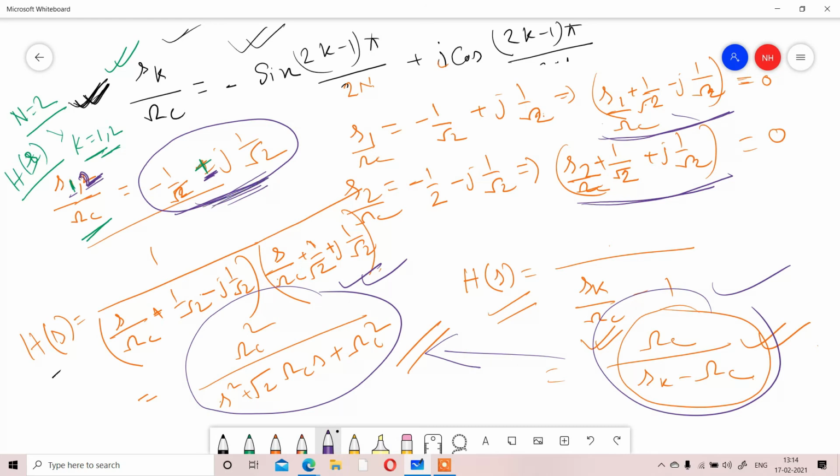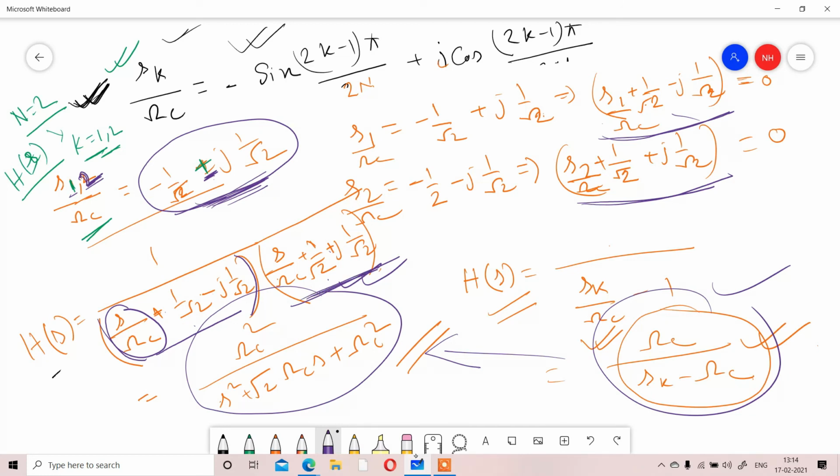Depending on these two poles, your transfer function is simply: s by omega c plus 1 by root 2, and that plus becomes minus j 1 by root 2, that is the expression for one pole, and the expression for the second pole is s by omega c plus 1 by root 2, and that minus becomes plus j 1 by root 2.